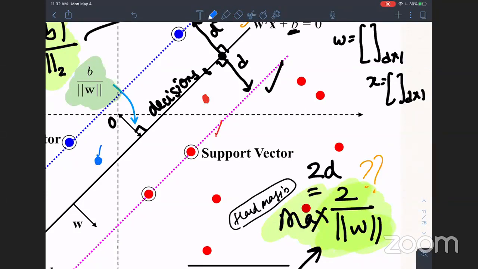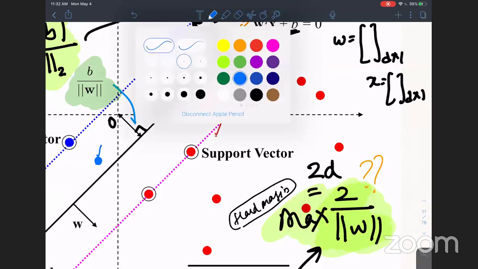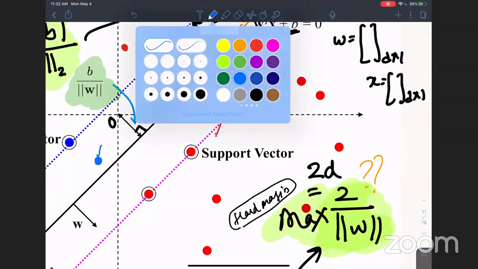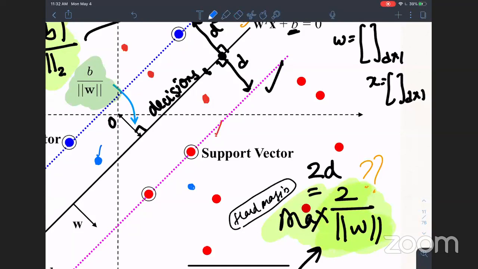It's even okay in soft margin to have a misclassified point sitting here, and misclassified blue points sitting here, because those can be outliers. You don't have to absolutely fit it in the best way. Your best fit criterion is basically to minimize the number of misclassifications. So just stick to hard margin for the time being. Soft margin would come later.